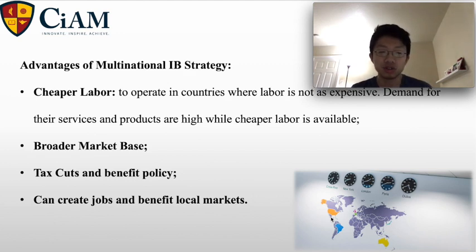The third advantage will be the tax cuts and the benefit policy. A lot of developing countries actually have reduced tax and other benefit policies from the government to attract these multinational company holders to enter the local market and build factories, which is actually the fourth advantage of the strategy, to help the local market create jobs and benefit the local markets, to help them grow and move to the next steps.